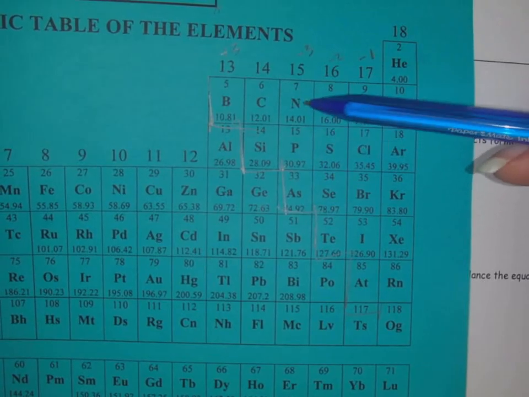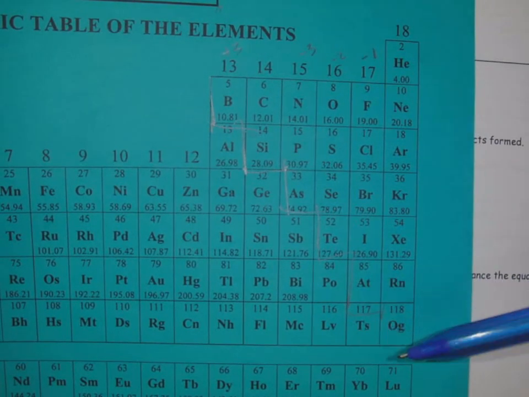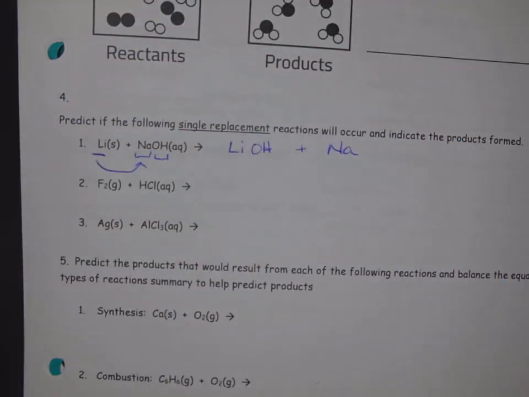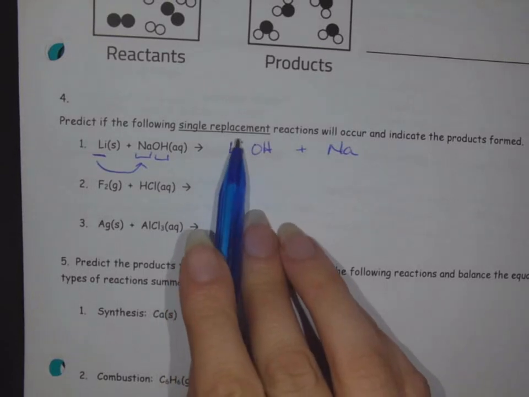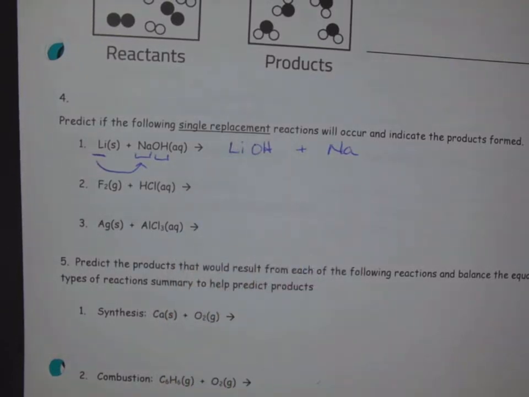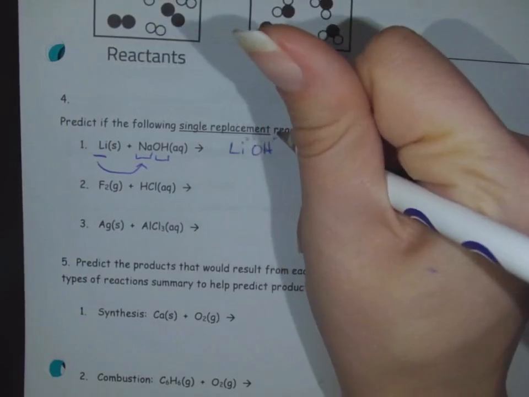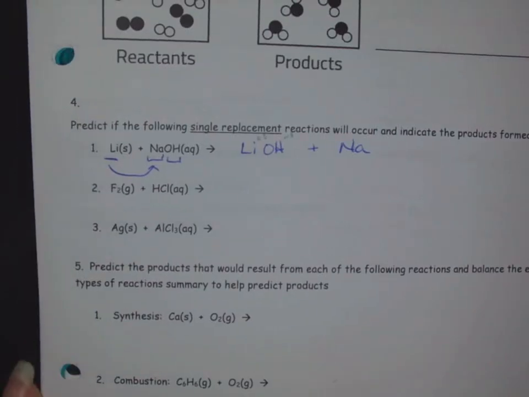So any element in group 15 would be a -3. We also have our polyatomic ions that we've been working so hard to memorize. And so hydroxide, OH, is a polyatomic ion, and it has a -1 charge. So lithium is a +1, and hydroxide's a -1. I'm going to switch to a pencil for just a moment. So we have +1 and -1. Okay, wonderful.